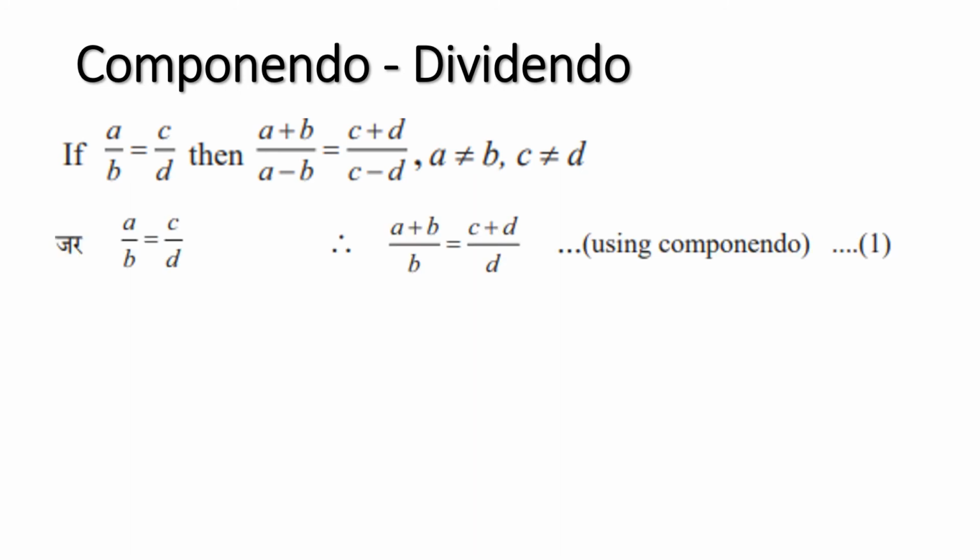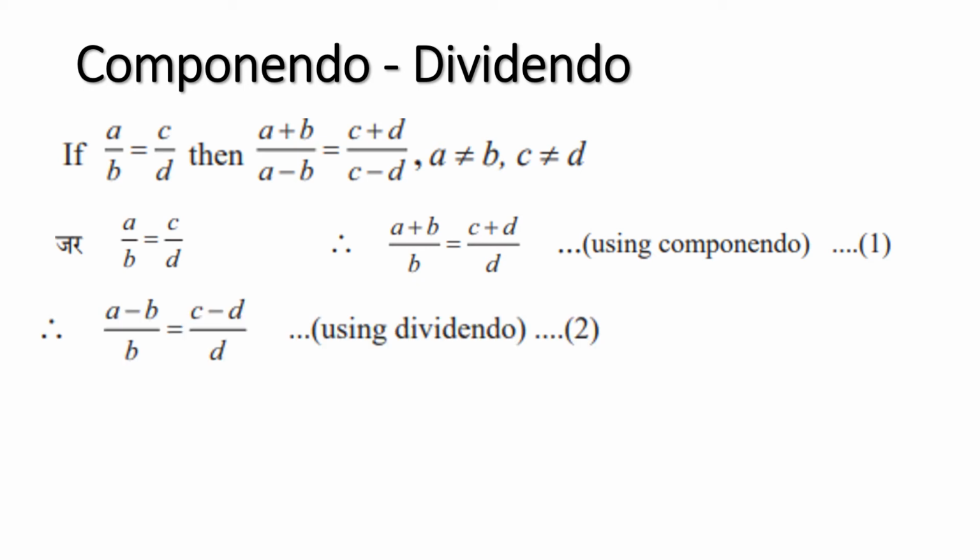So, if a/b = c/d, therefore (a + b)/b = (c + d)/d using componendo. Similarly, using dividendo, we will get a subtraction sign in the numerator, that is (a − b)/b = (c − d)/d.